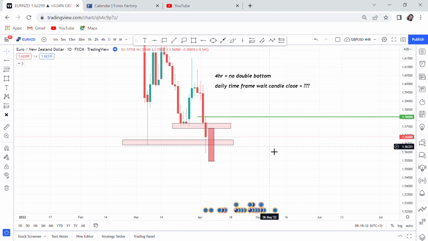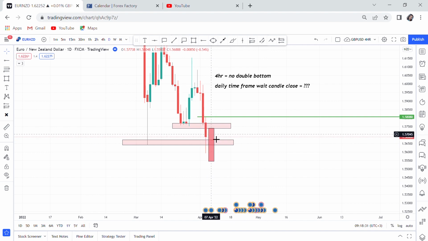We can see clearly there is a formation of double bottom, but we are not given an entry confirmation at this point. So if you enter buy, maybe the next day you find the market has broken, and now it's no longer a double bottom.